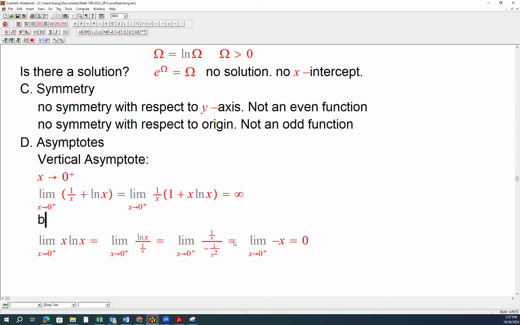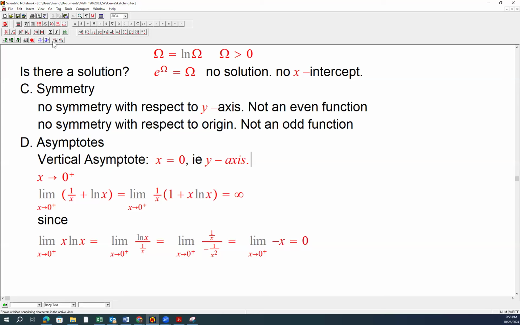This establishes that the vertical asymptote is x equals 0, i.e. the y-axis.